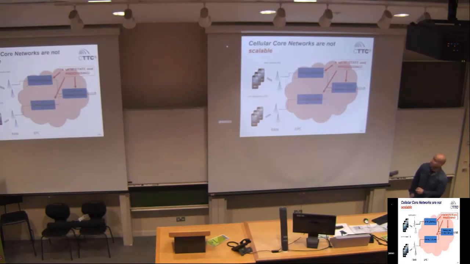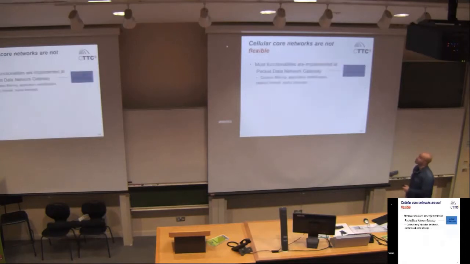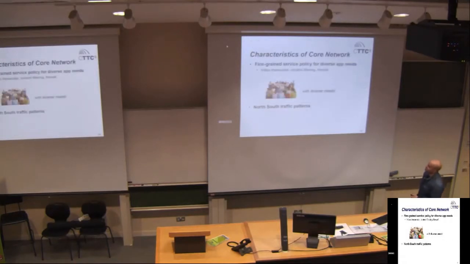So you don't do it like this. There is no local breakout, usually. So this is what we mentioned about these characteristics, the north-south traffic patterns, this kind of hierarchy where you have to go at the end to the PDN gateway.